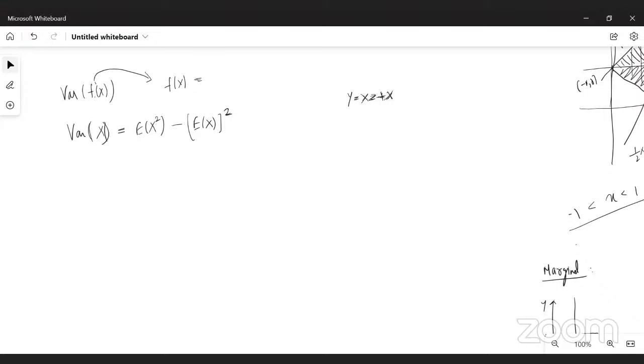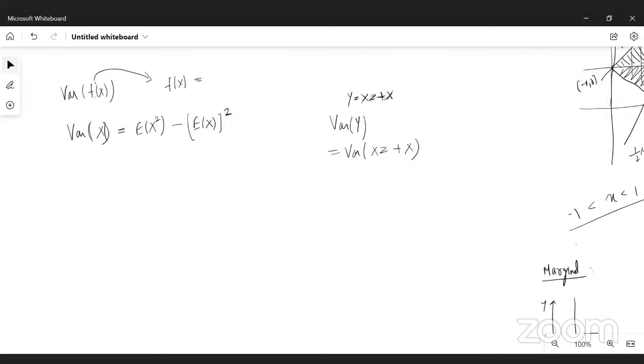So are you trying to find the variance of y? Yes, ma'am. Okay, so the variance of xz plus x. How will you proceed further?